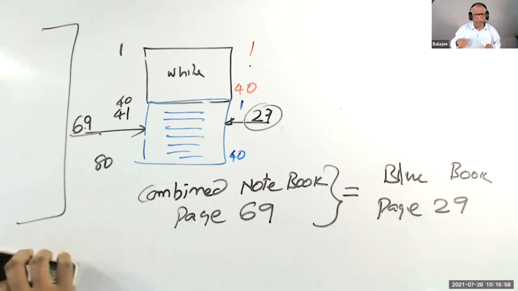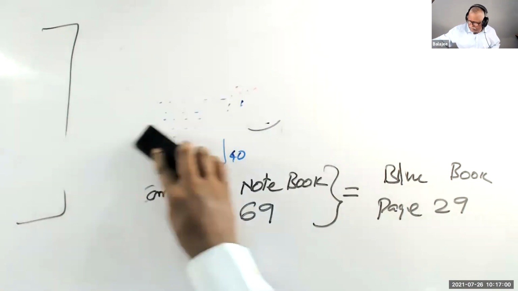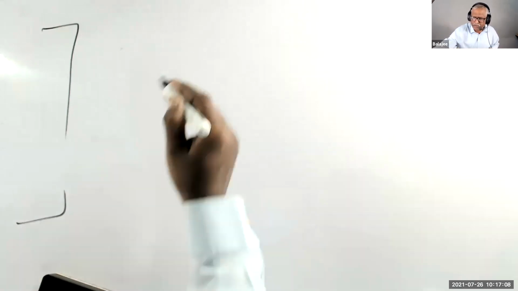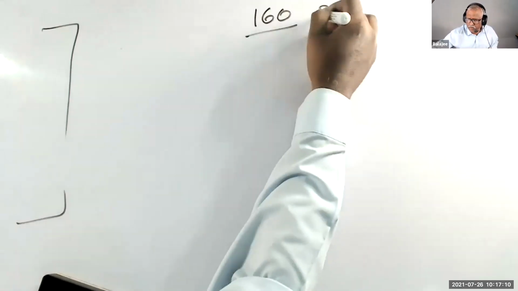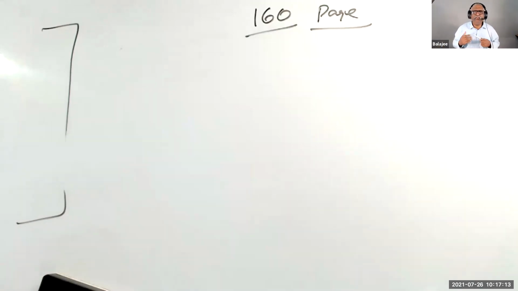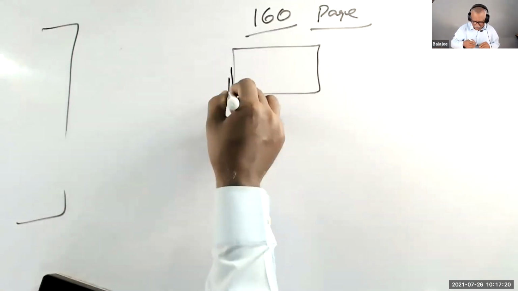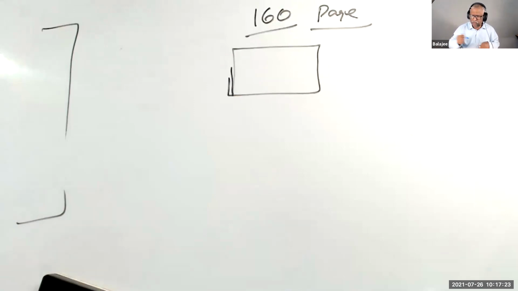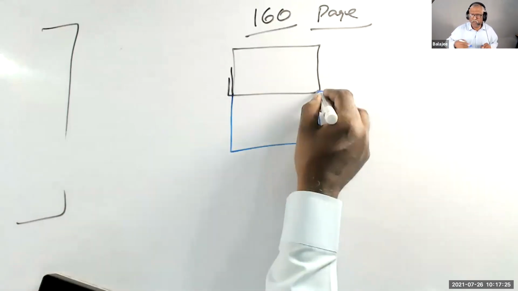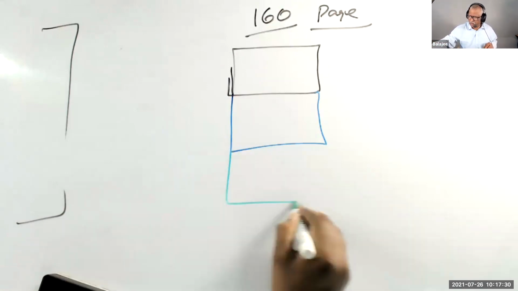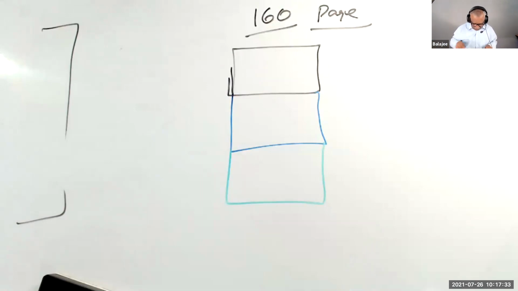Now let us take it in a different way. This is quite an easy one. Now let us take a slightly more complex one. Your teacher told you, no, I want a notebook of 160 pages, of 4 colors. One is white, the other one is blue, the other one is green, the other one is red.